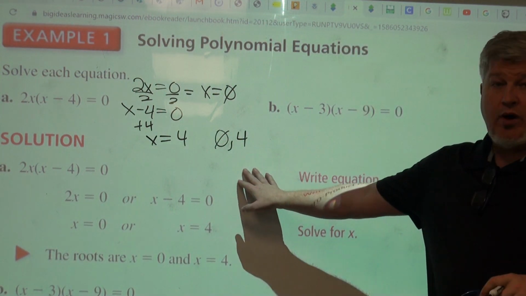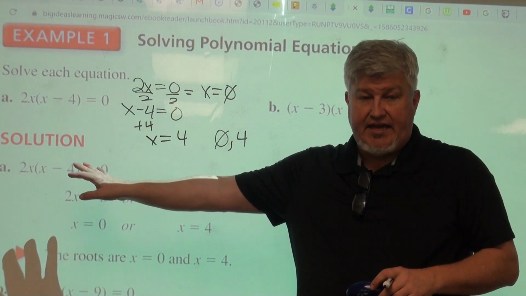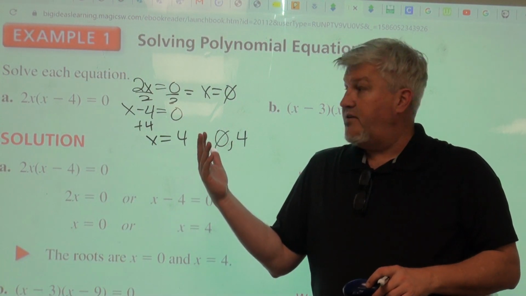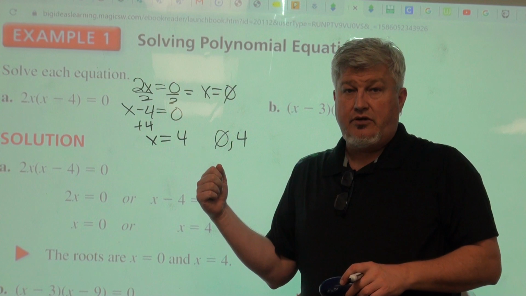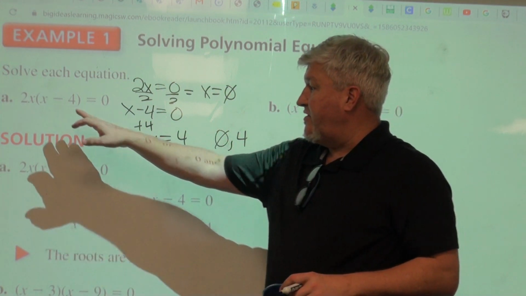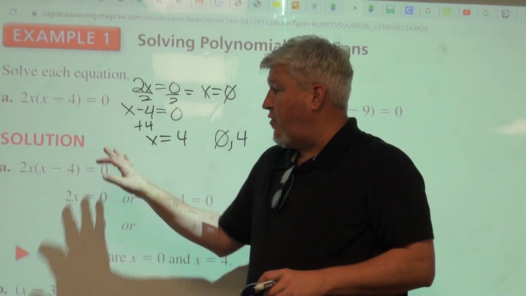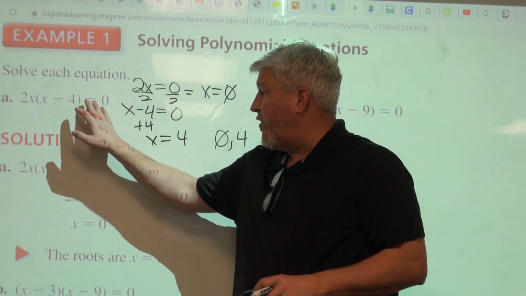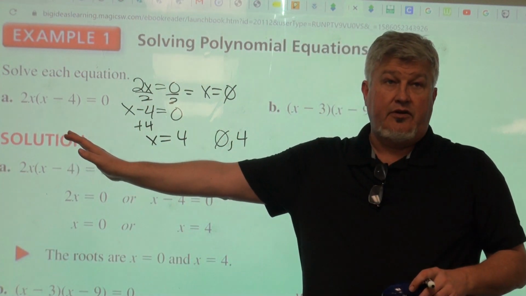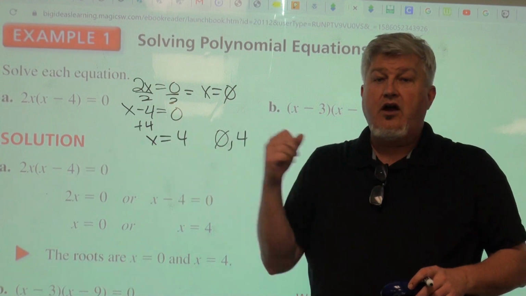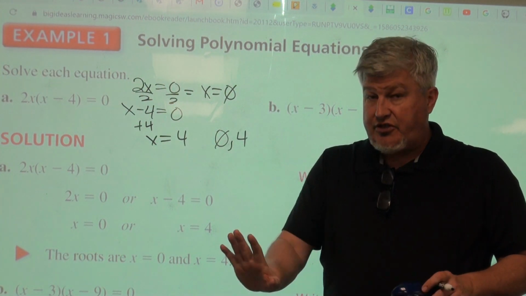If you plug either one of those into this equation, you will get 0 for your answer. 2 times 0 is 0, or 4 minus 4 is 0, and that makes it 0.